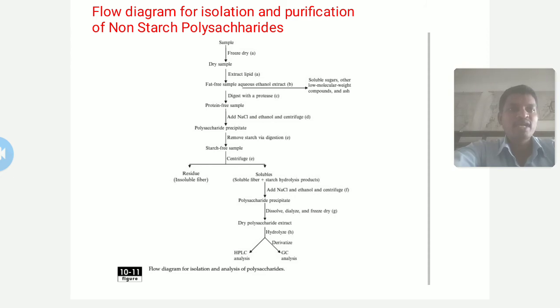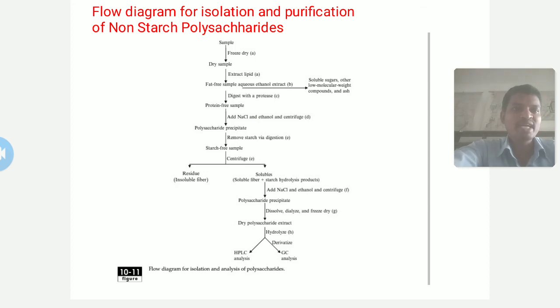centrifuged. Okay, in the residue you will get insoluble fiber, and in the supernatant solution you will get soluble fiber and starch hydrolysis products. Then add sodium chloride and ethanol, again centrifuge it, and you will get a polysaccharide precipitate. Okay, again dissolve it, dialyze it and freeze dry.